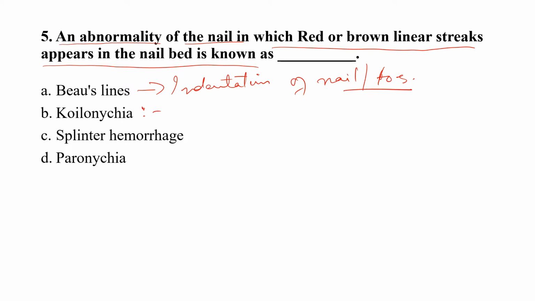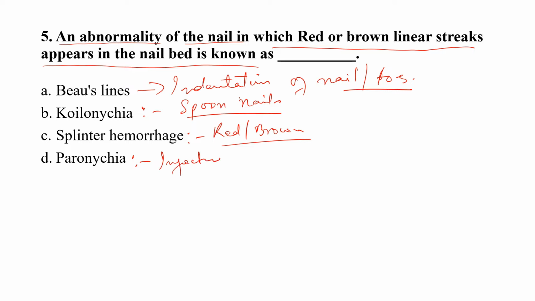And koilonychia is also called spoon nails, and splinter hemorrhages are the red or brown streaks which appear at the nail beds, and paronychia is infection of the tissue around the nails. So the correct option here is option C, which is splinter hemorrhage.